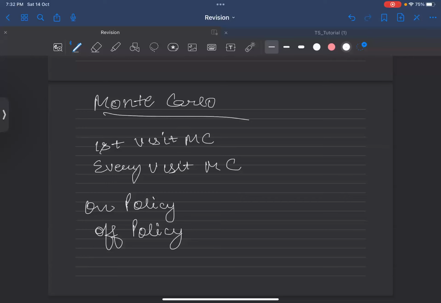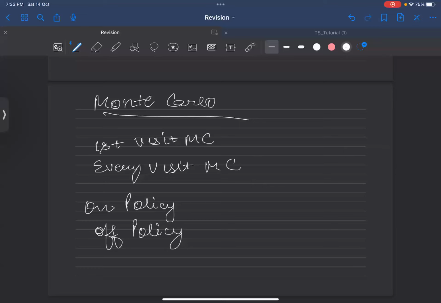In on policy, we start with a policy which we want to optimize, so there is no separate behavior policy. There is only one policy that we start with, and that policy gets optimized at the end. Samples are generated with respect to the policy we want to evaluate.